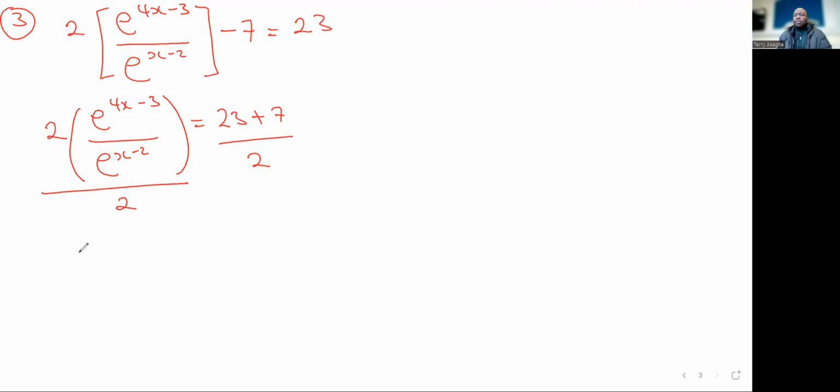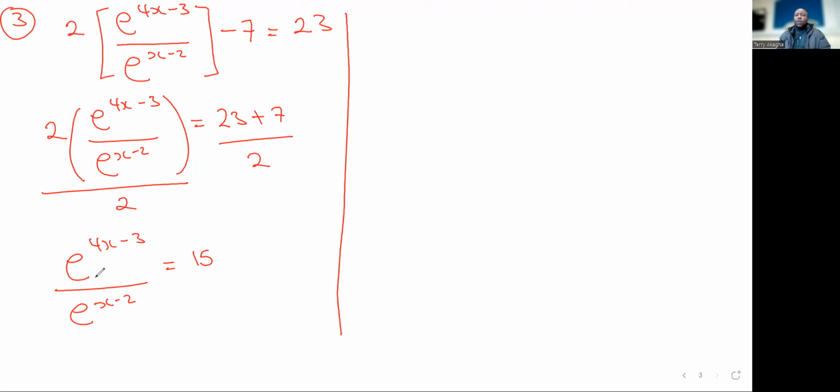So we're going to have exponential 4x minus 3 divided by exponential x minus 2 equal to 23 plus 7 is 30, 30 divided by 2 is 15. Now, the next thing that's coming to my mind is to use the division law here, because when you're dividing 2 exponents, remember I told you you subtract them.